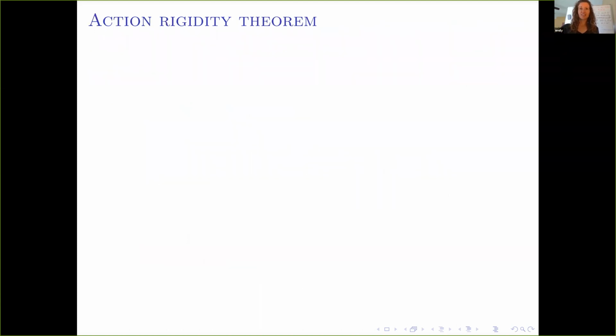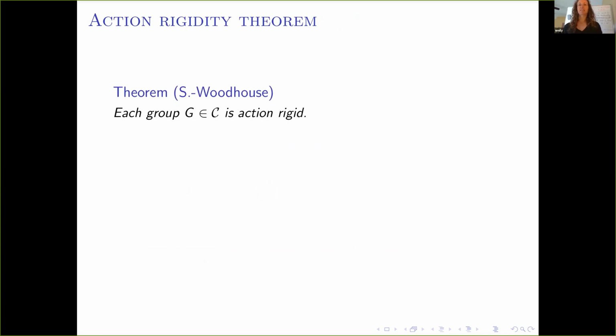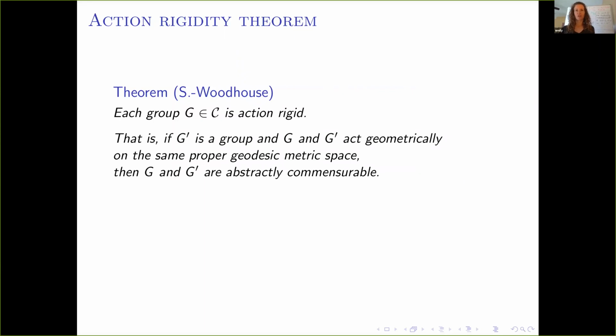So in contrast, we prove that these groups are very rigid if you actually want them to act on the same space. So our theorem shows that every free product of closed hyperbolic manifold groups is action rigid. So just to recall, that means if you have any group G prime, so that G and G prime act geometrically on the same space, that automatically implies the groups G and G prime are abstractly commensurable.